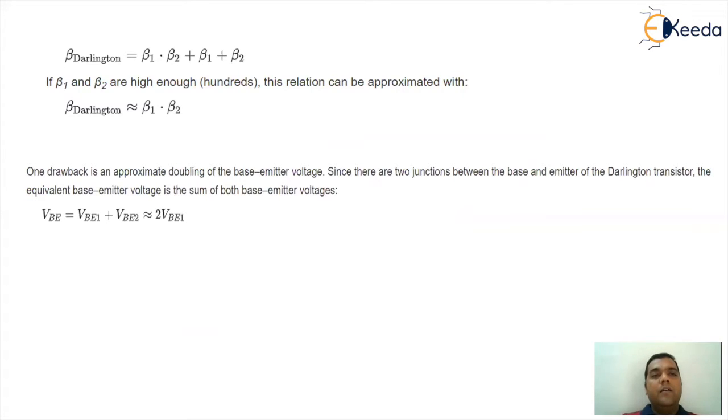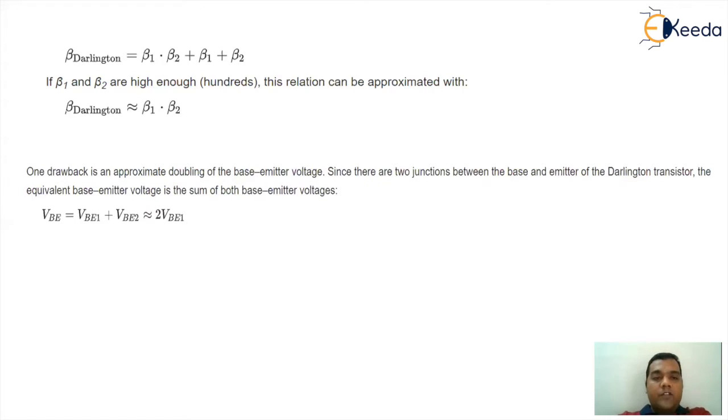Now, the total Darlington beta will be defined as beta 1 into beta 2 plus beta 1 plus beta 2. But the overall beta can be approximated as beta 1 into beta 2. On similar lines, when you talk about the measurement of VBE, the value of VBE, that is the voltage between the base and the emitter of the Darlington configuration, that voltage value will be equal to VBE1 plus VBE2.